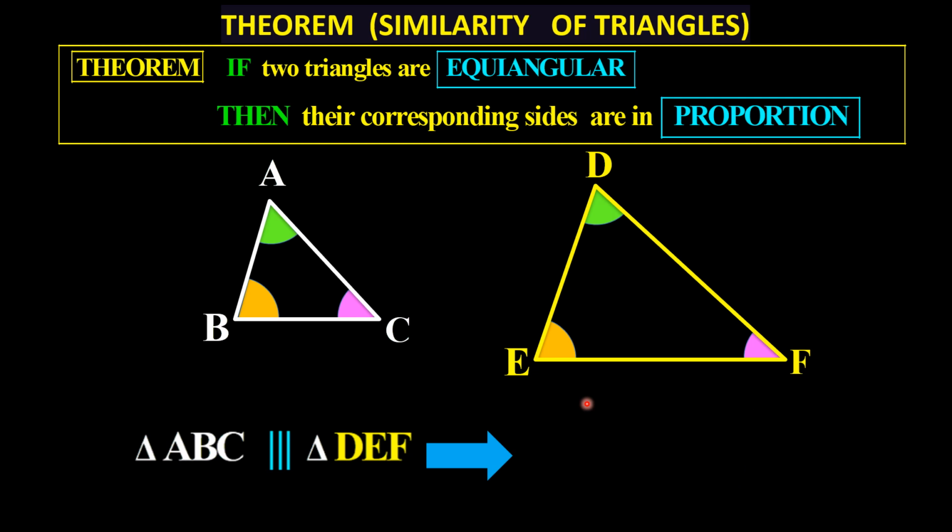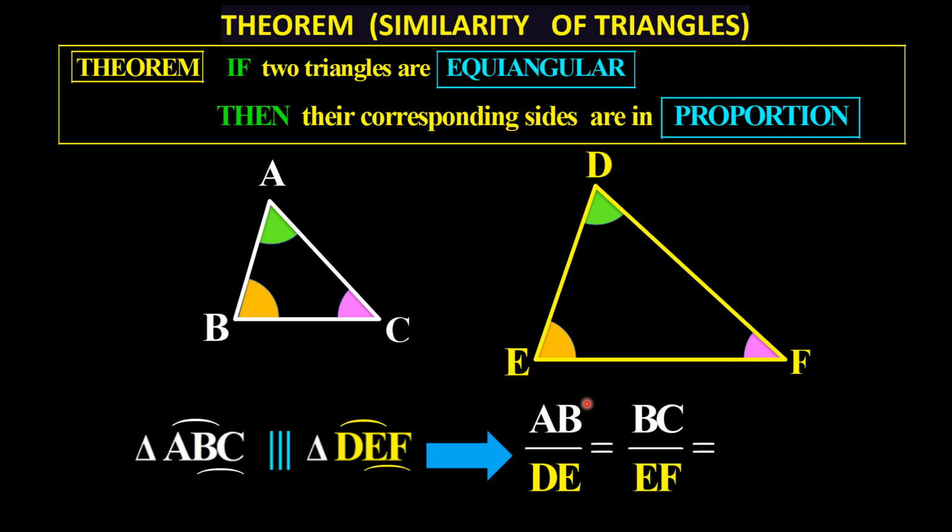This is how we go about it. We take the first two letters AB over the first two letters DE, so I have AB over DE, or AB is to DE. Then I take the last two letters, BC, over the last two letters EF. So BC is to EF, and then I can take the first and the last letter over the first and the last letter.